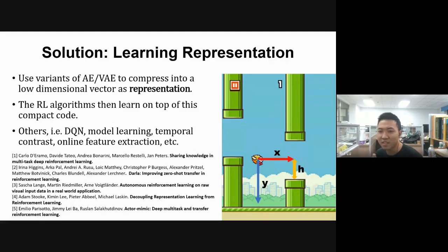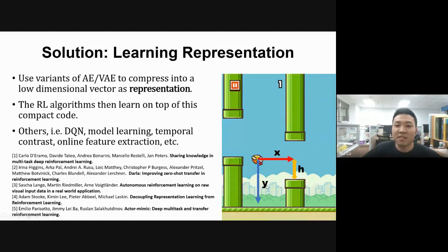If you send this image snapshot of this video game to your agent, the raw state space dimensionality is the dimension of this image, and it's quite large. But actually, to solve this MDP, you only need to care about three real numbers, which are x, y, and h, your relative position to the gap, and your height.